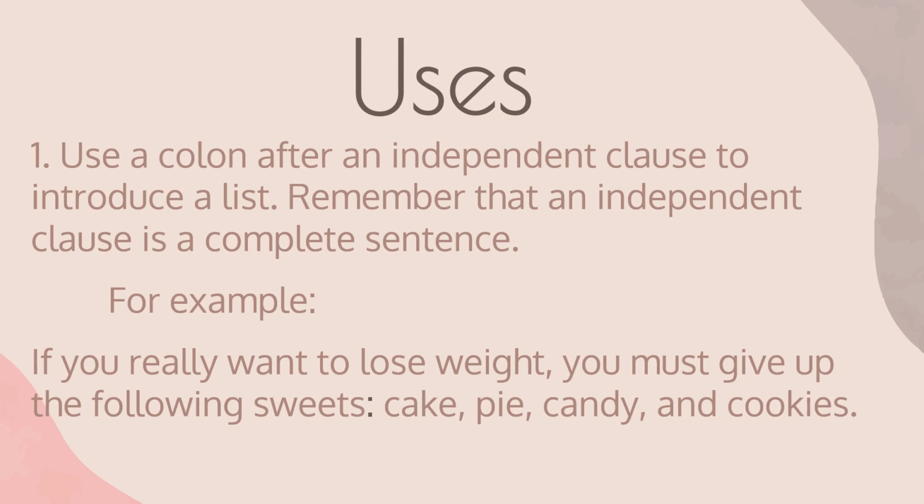For example, if you really want to lose weight, you must give up the following sweets: cake, pie, candy, and cookies. Now here, when we want to introduce a list, we add a colon and then introduce the list.